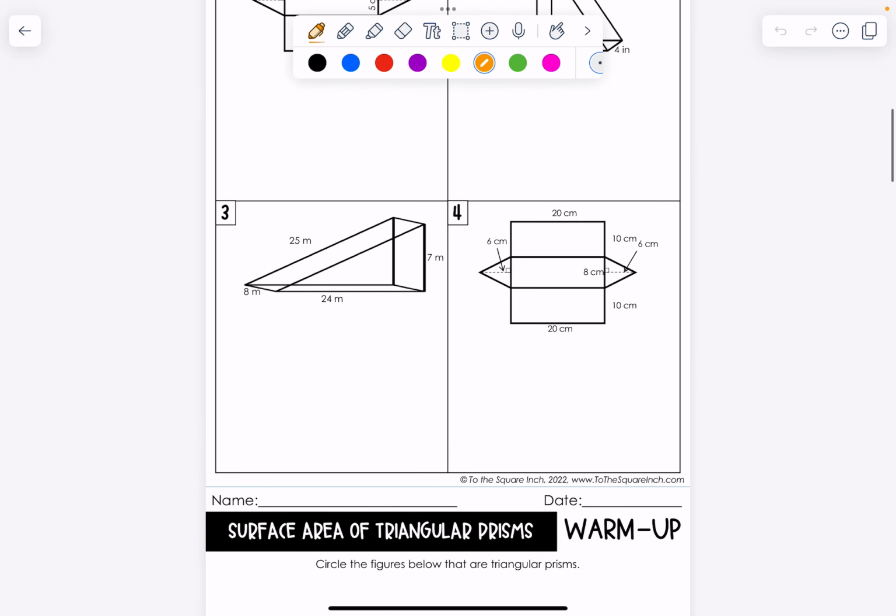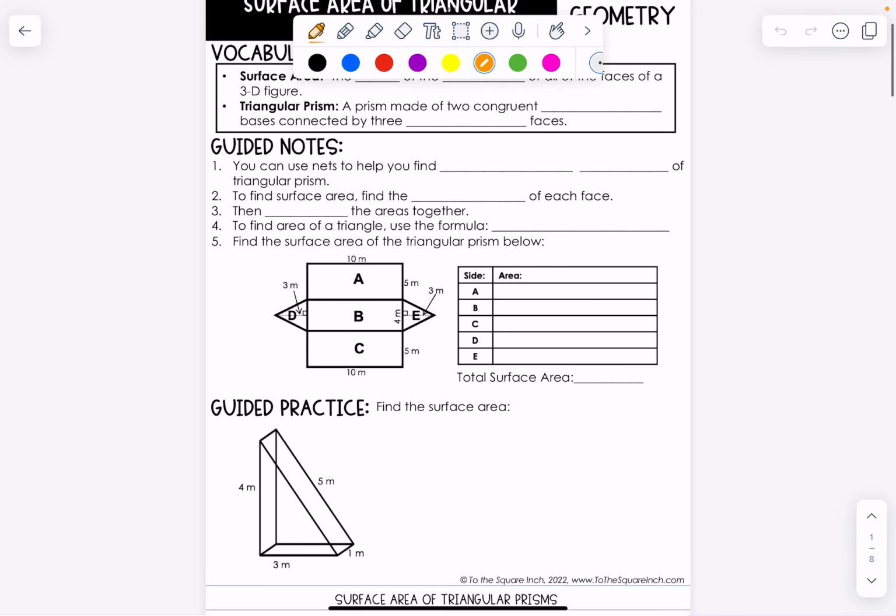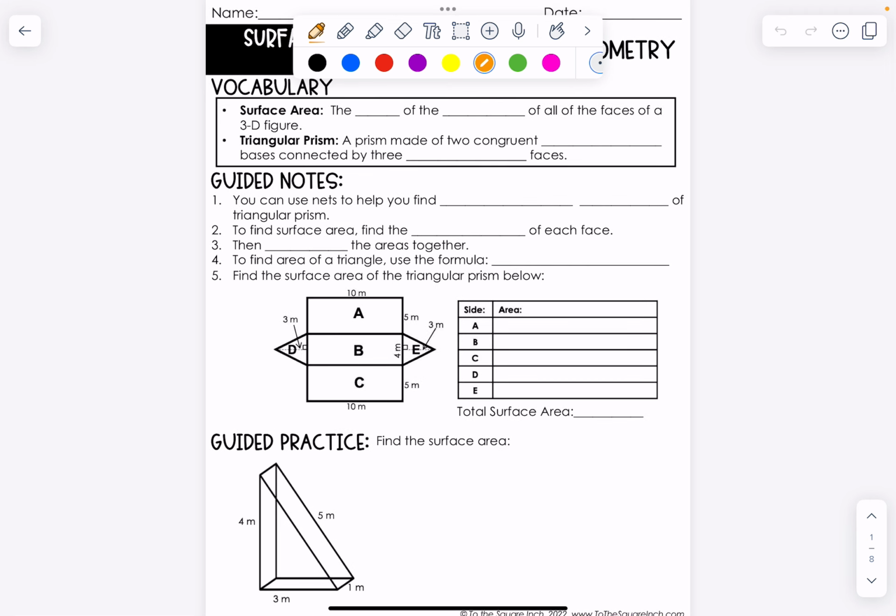We're also going to talk about triangular prisms. So when we're doing surface area of triangular prisms, again, surface area is going to be the sum, or adding, of the areas of all the faces of a 3D figure. A triangular prism is a prism made of two congruent triangular bases connected by three rectangular faces.